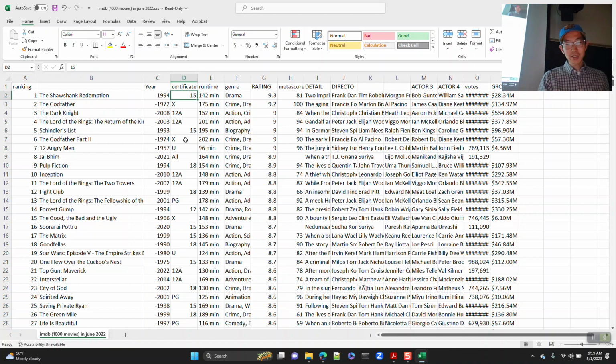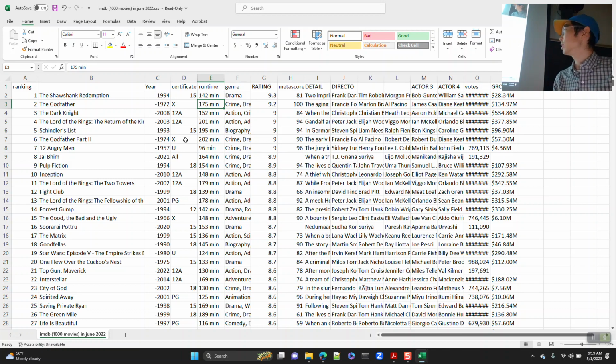So you get this mix. Here you have PG, is it Fellowship of the Ring was PG? I thought it was PG-13, but anyway. Shawshank Redemption 15, Dark Knight 12A, I think in the US PG-13, and R, and X for Godfather, which is just an R-rated movie.